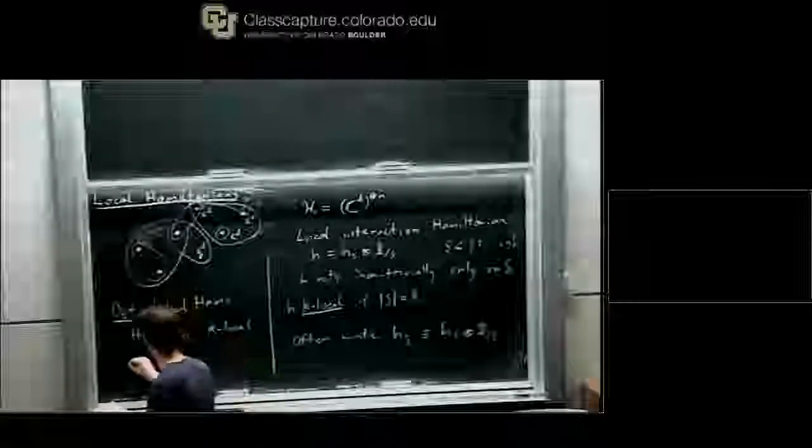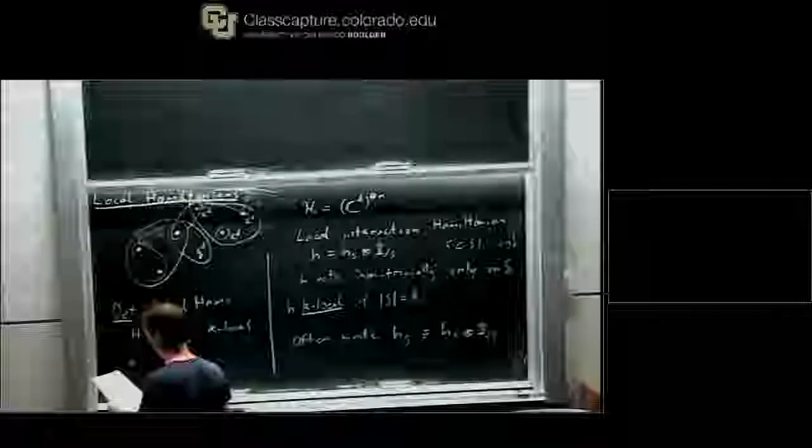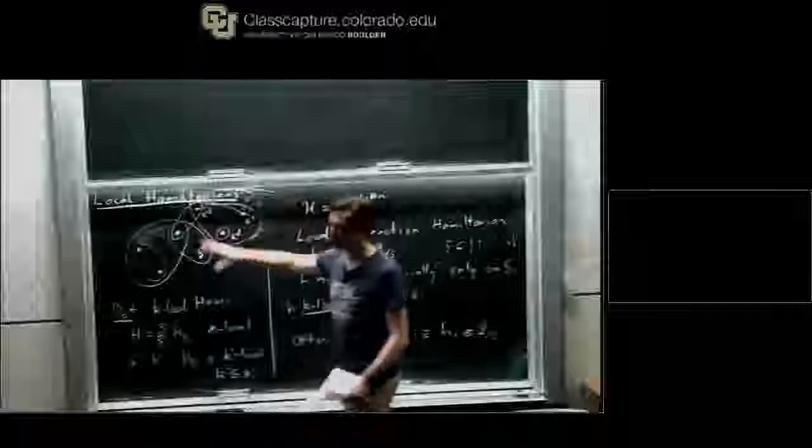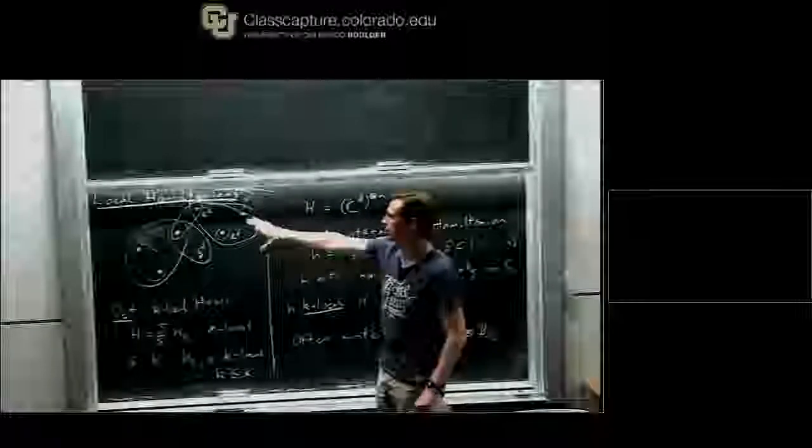So the whole Hamiltonian, rather than a single interaction, we call k-local if each H sub i is k' local for some k' less than or equal to k. So all of the interactions of my Hamiltonian act on at most k particles. So this is a 3-local Hamiltonian that I've drawn here. If these purple blobs are the interactions, I have some 1 qubit interactions, some 2 qubit interactions, and some 3 qubit interactions. 3 is the maximum.